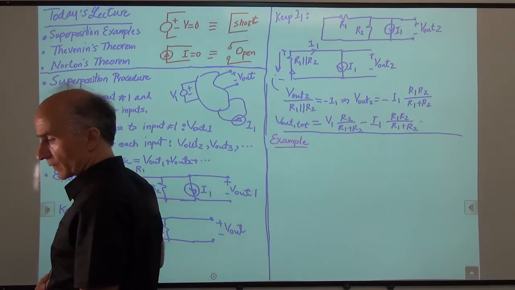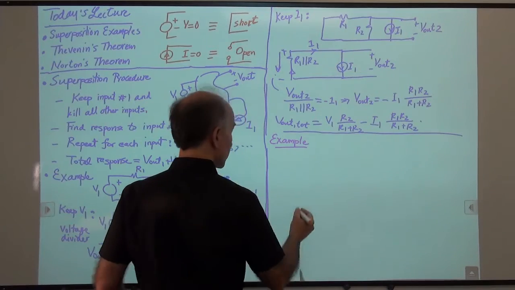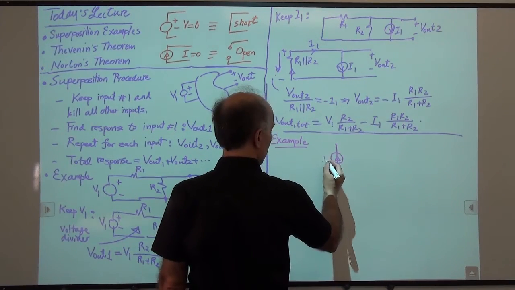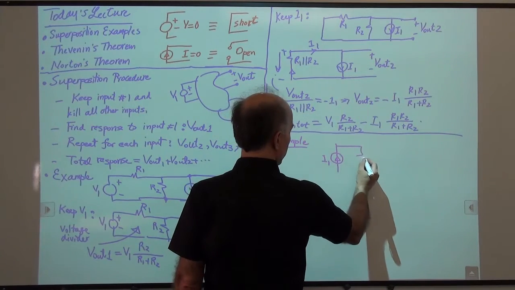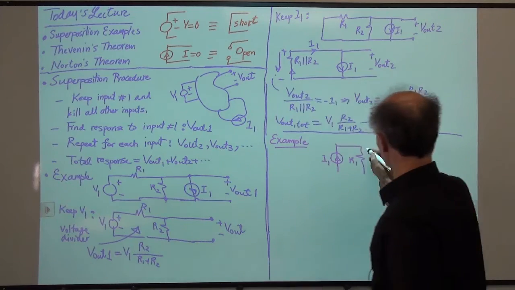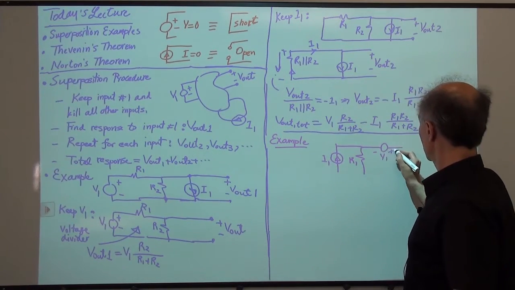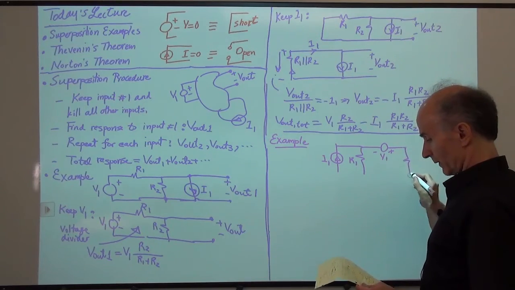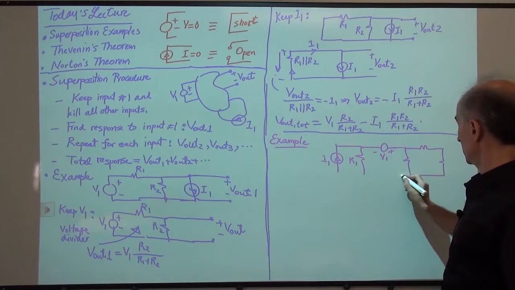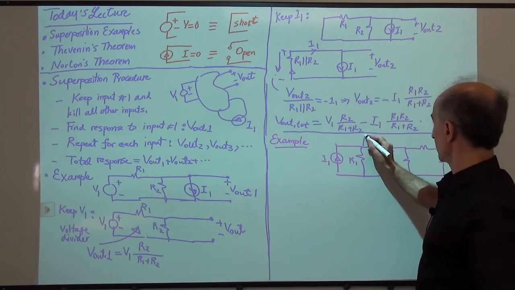Okay, so in this circuit we have several sources. We have 3 sources. So we have a current source we call I1, a resistor R1, then we have a voltage source V1, then we have another resistor here, another resistor here, another resistor here, and then we also have a current source up here.